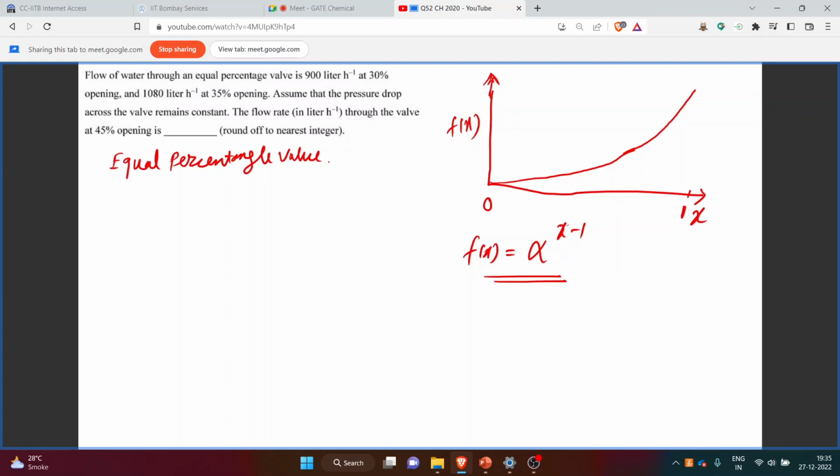So in the question, we have been given that if flow rate F1 is 900 liter per hour, then the valve opening was 30%, that is 0.3. And at x2, that is 35% opening, the flow rate was 1080 liter per hour.